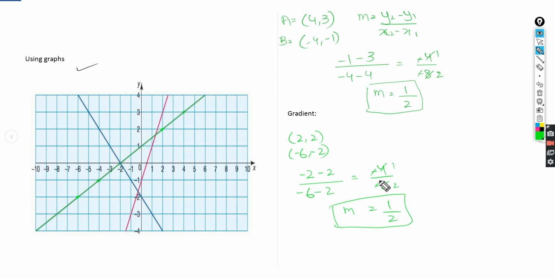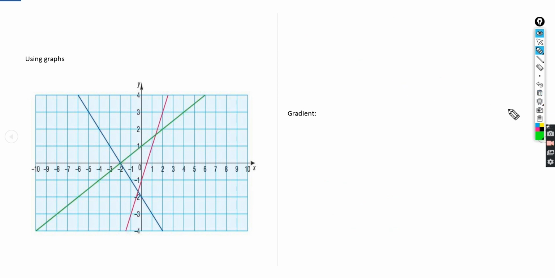This basically proves that whatever point you take on the green line, the gradient would absolutely be the same, right? Now what you have to do is figure out the gradient for this blue line and for this purple line.